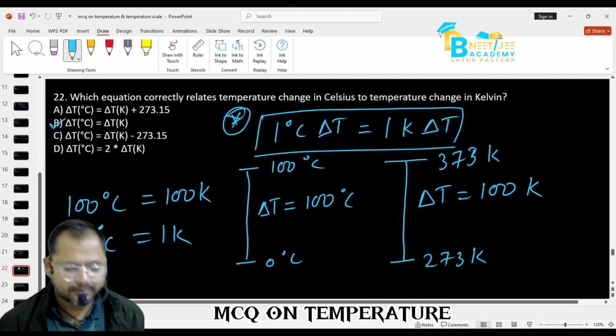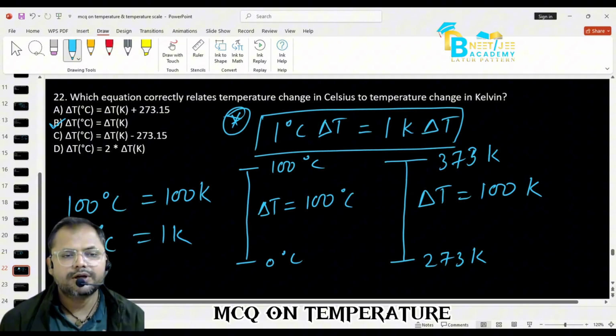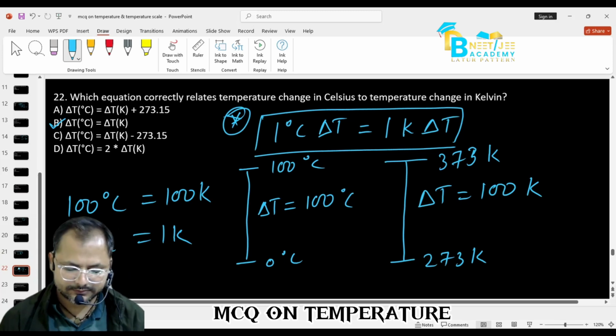Therefore option B is the correct answer: 1 degree Celsius temperature difference equal to 1 Kelvin temperature difference.